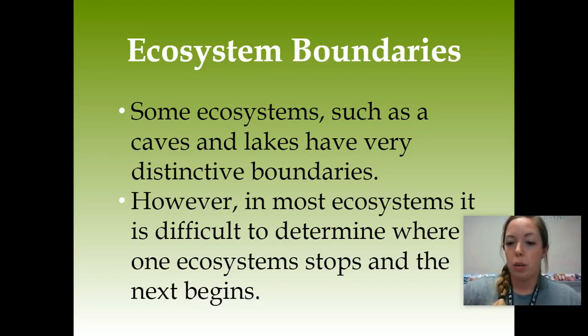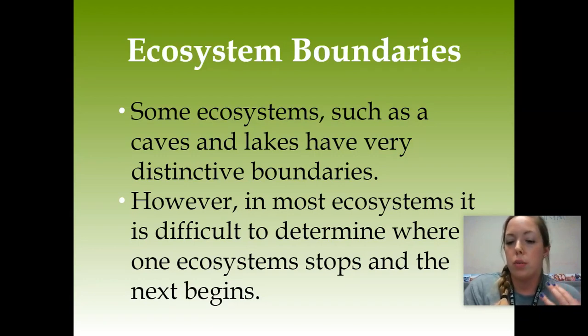Likewise, if we're talking about aquatic ecosystems like lakes, ponds, streams, or something like that, those are also relatively easy to define because the ecosystem's boundaries correspond to the actual boundaries between land and water, right? We know where the Gulf of Mexico is because it's where it switches from water to land. That's pretty simple. But a lot of times, especially when these ecosystems are on land, it's hard to figure out where one ecosystem ends and another begins, okay?